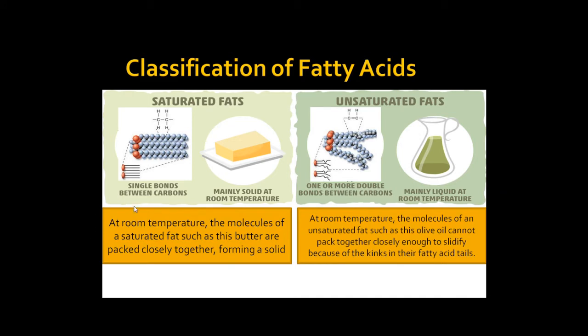and because of this close packing in saturated fatty acids, they are mostly solid at room temperature. And for the same reason, because of the kinks or bends of unsaturation of double bonds in the unsaturated fatty acids, they are mainly liquid at room temperature.